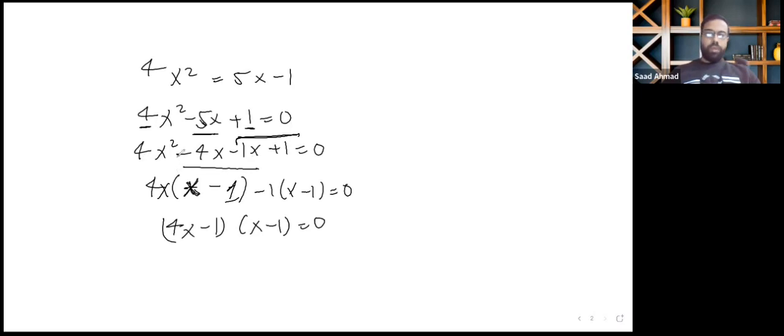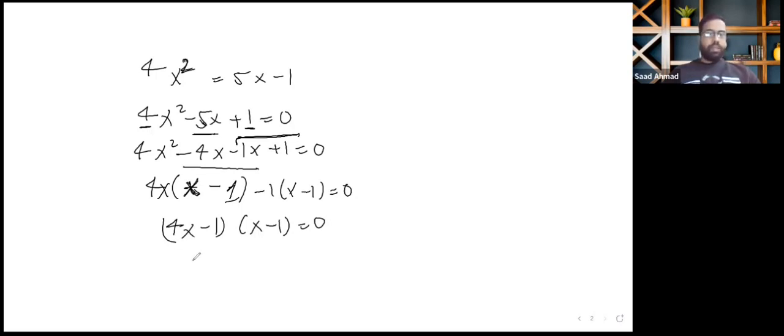We're not doing 4 times 2. No, this is squared. This is squared. X squared, not times. This is the power on the x.